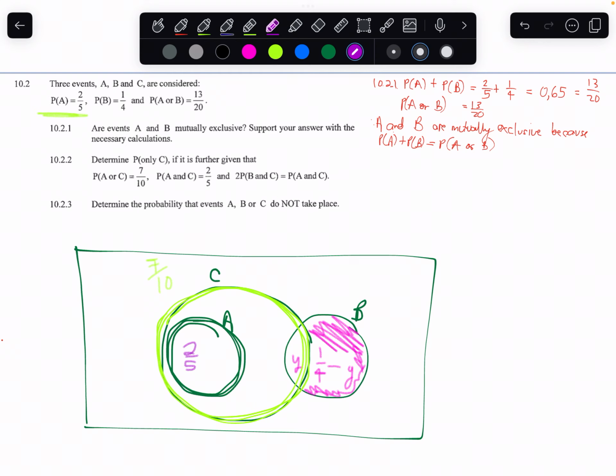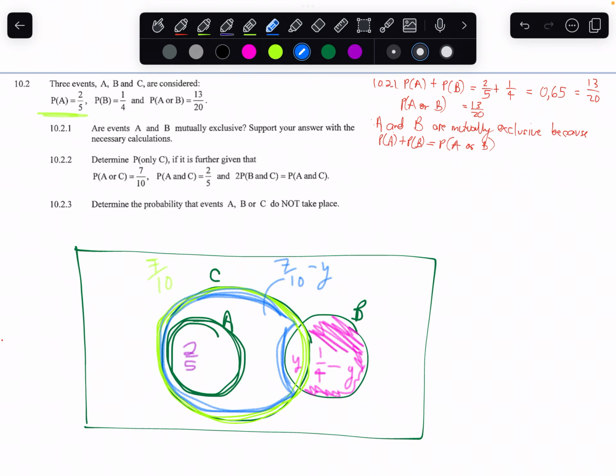Right. And so what we also know is this little bit over here would just be the same as 7/10 minus this piece, right?